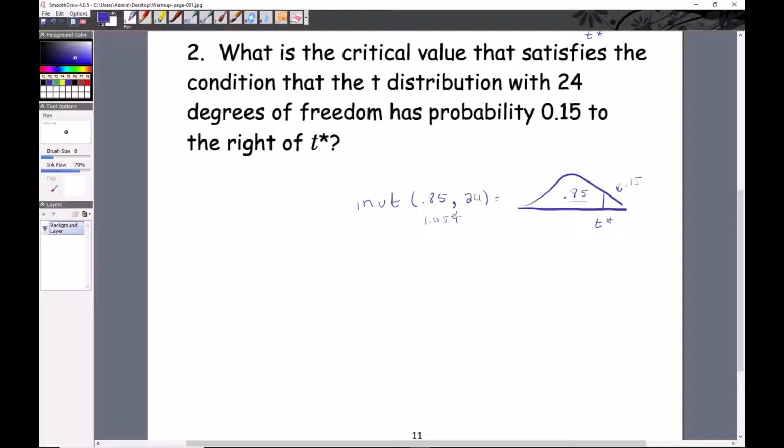Easy peasy. Okay, so to finish this up, I want to show you one more feature of your T-star Z-star table, which is a little bit out of date, and you probably will never use it, but it's good to know what the entire thing is.